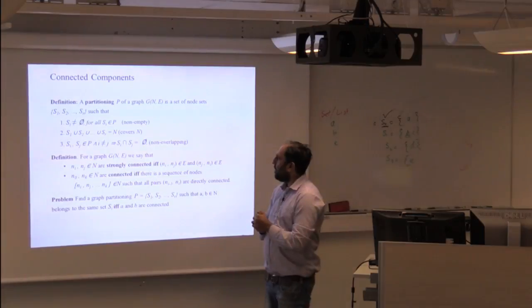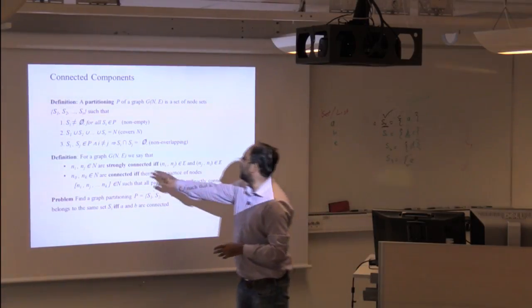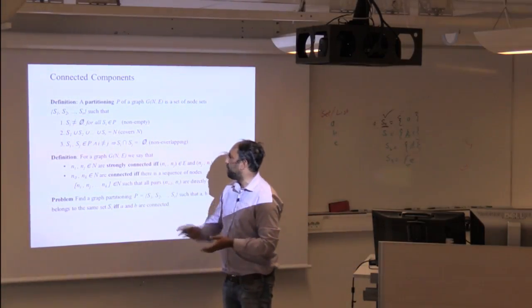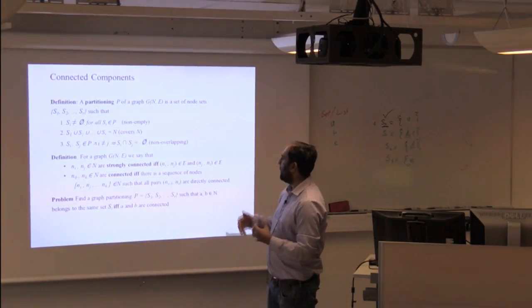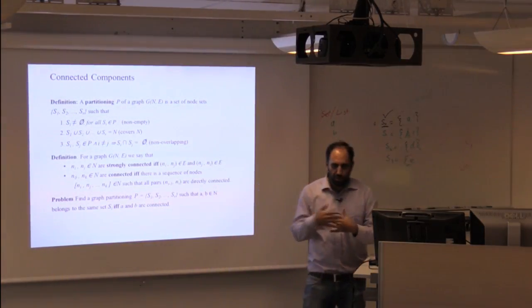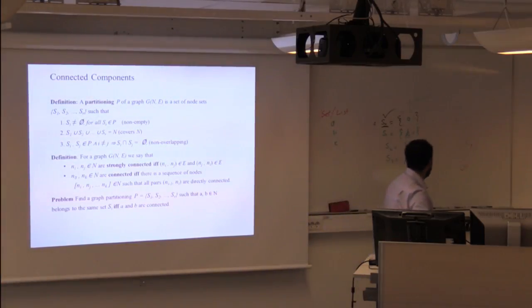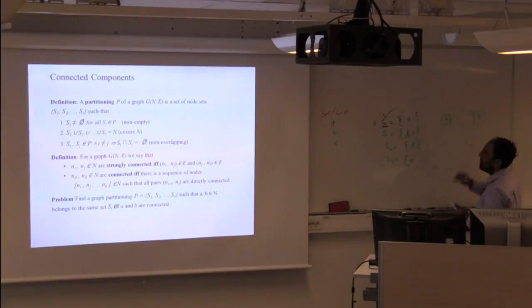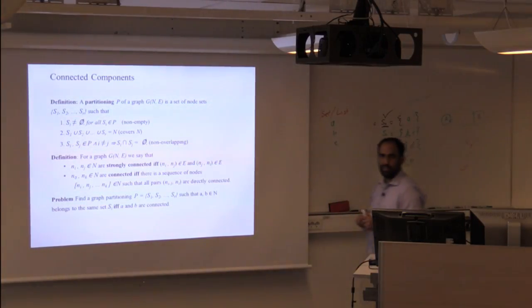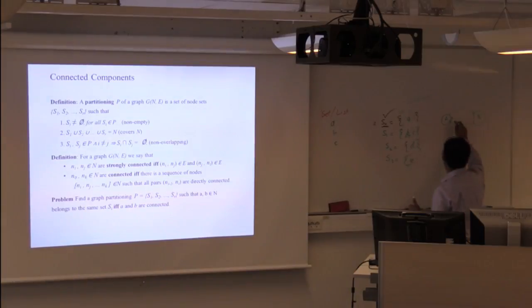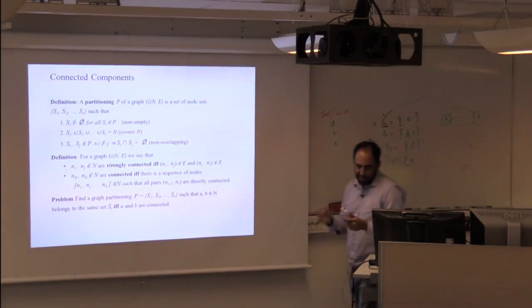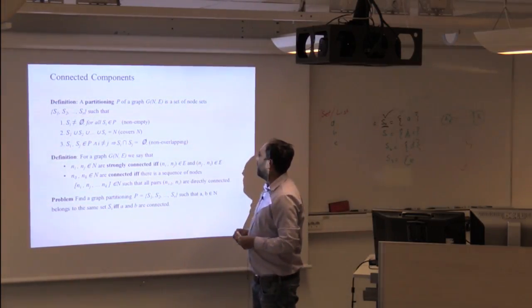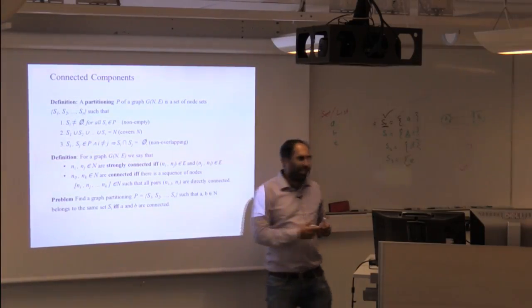Okay. And then we have a concept of strongly connected and connected. Strongly connected is when you have an edge in both directions. So if you have nodes A and B, and you have an edge like this in both directions, which can be traversed in both directions, or it could be a sequence as well.